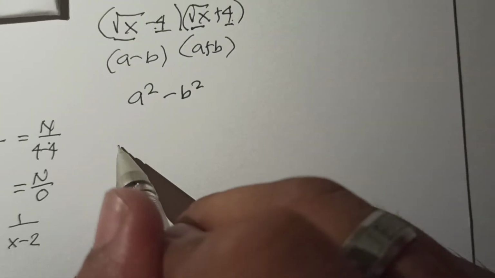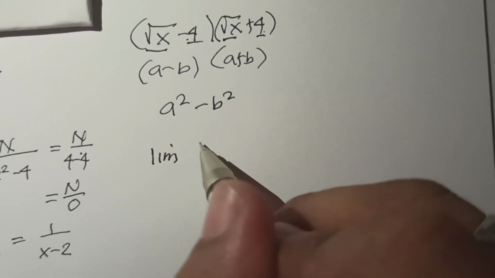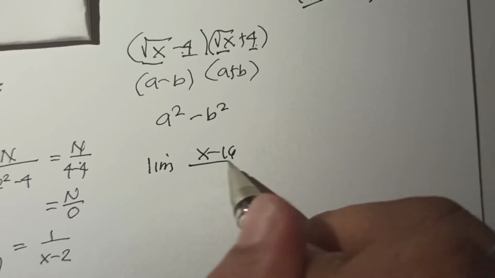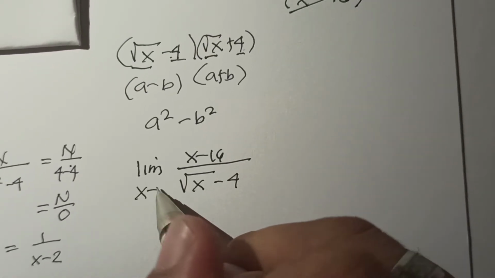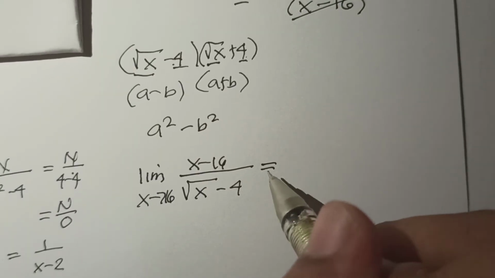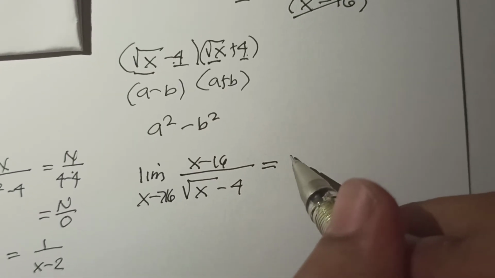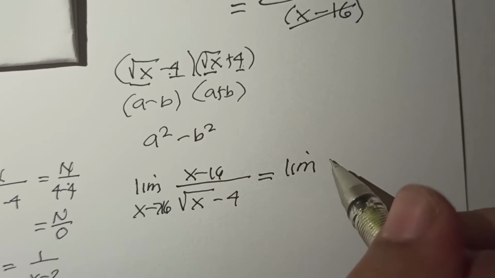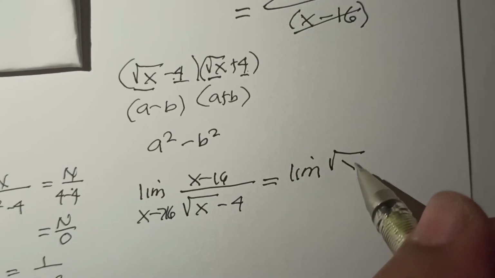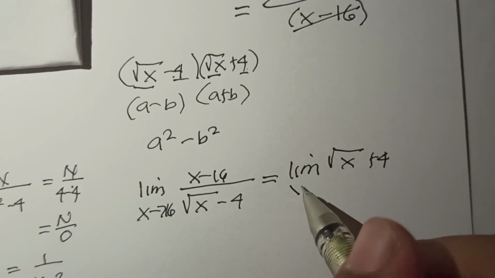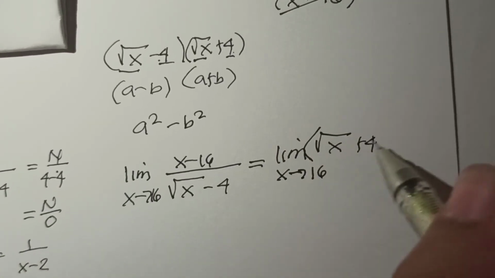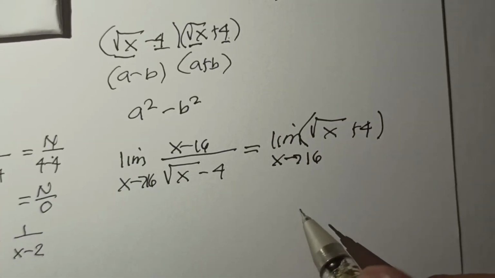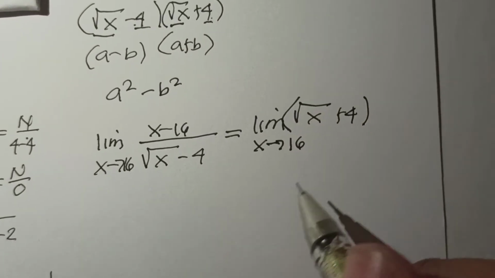So now we could consider that the limit of x minus 16 over the square root of x minus 4 as x approaches 16 is equal to the limit of the square root of x plus 4 as x approaches 16. For this part, close and open parenthesis because it is plus.